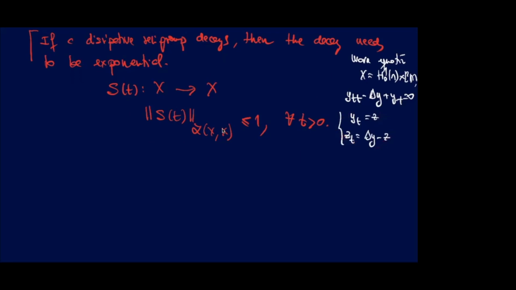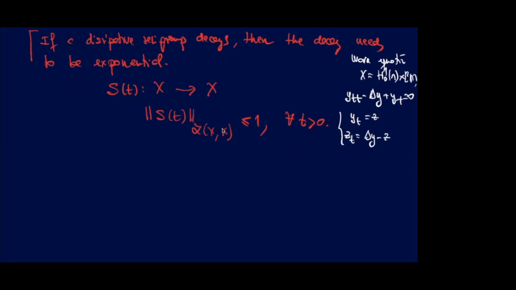Then if you look at the natural space in which this problem has to be written, you realize, because of the conservation or dissipation of energy, that the energy space is the natural one, so that the component y belongs to H10 and the velocity z, which is actually y_t, belongs to L2. Okay, good. But the result I am discussing here is completely general. I give you a semigroup which is dissipative.